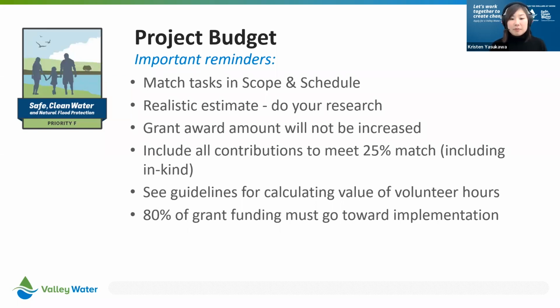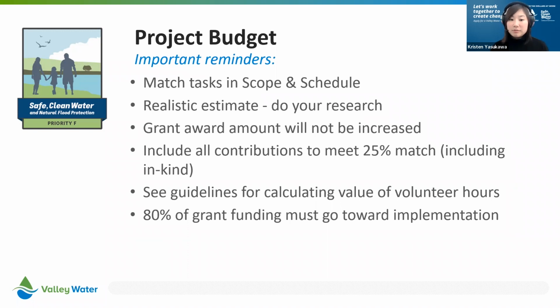In the project budget, we are not only looking for what you would do with the actual grant dollars that would be awarded, but also how you're meeting your 25% match. That includes demonstrating all of the in-kind and monetary contributions from either your organization or a partner organization toward the project activities. We do have a recommended value to calculate the value of volunteer hours, which would be considered in kind.